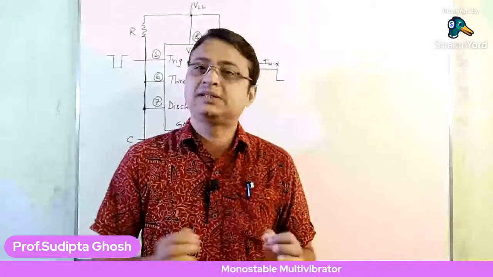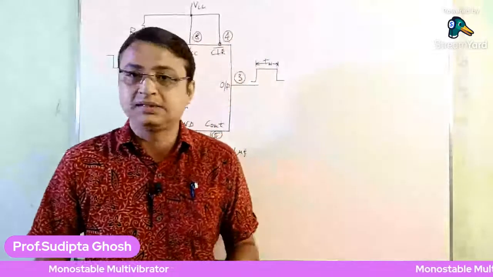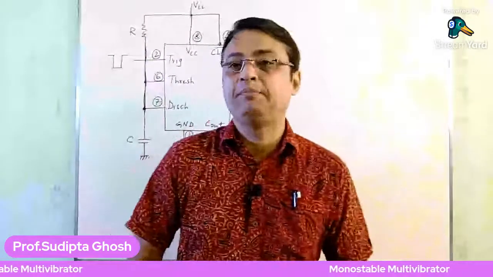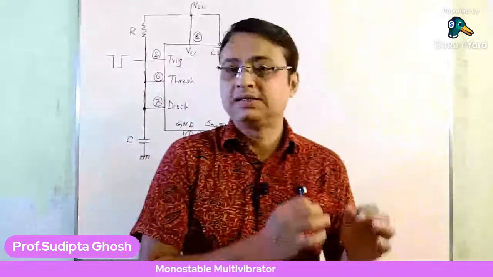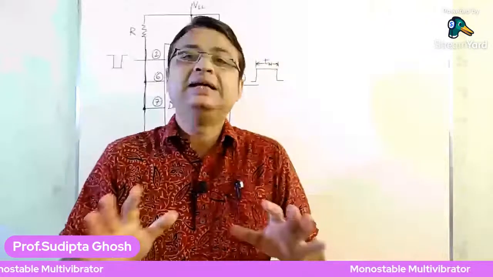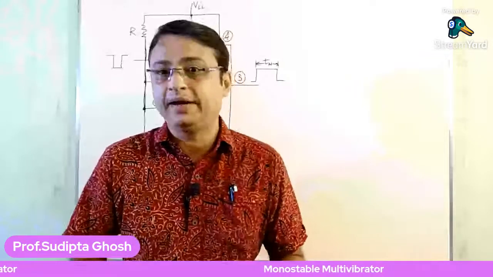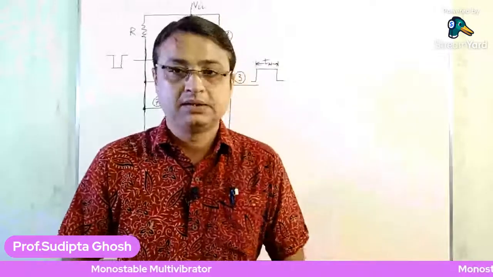That means for an astable multivibrator, the waveforms we find from those circuits are usually not stable. So these are also called free running oscillators, or free running multivibrators.